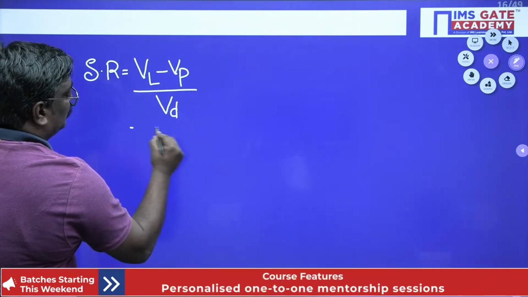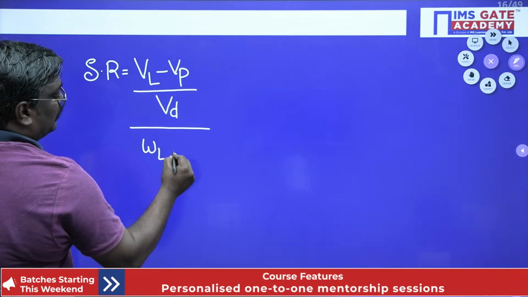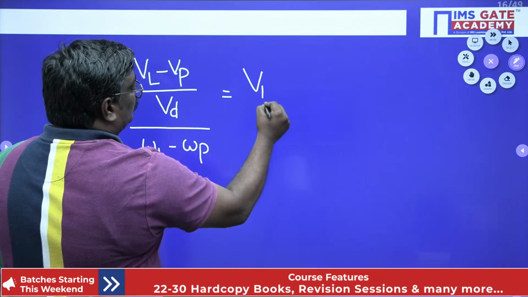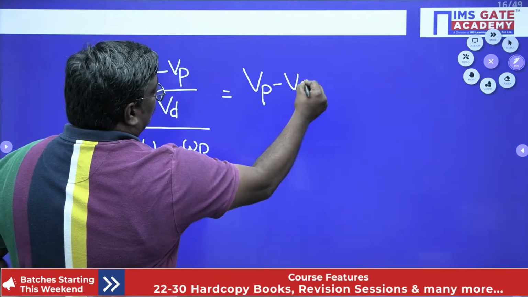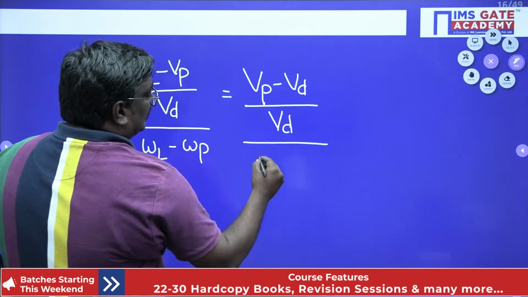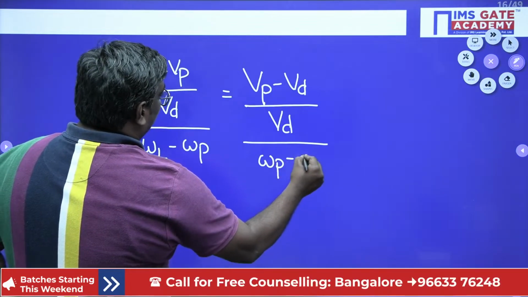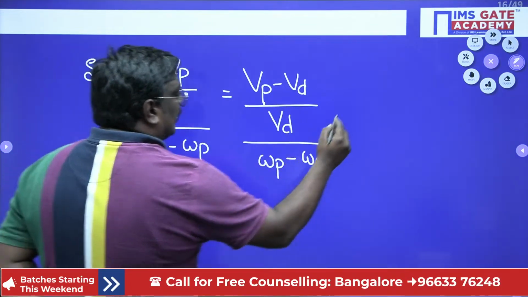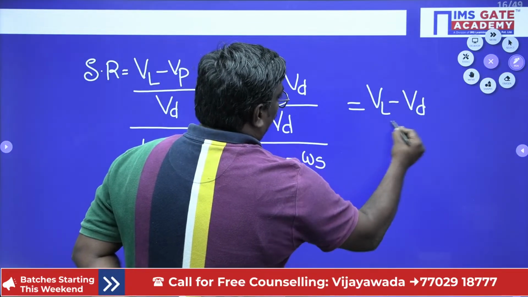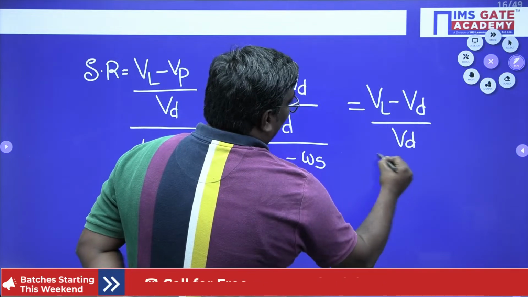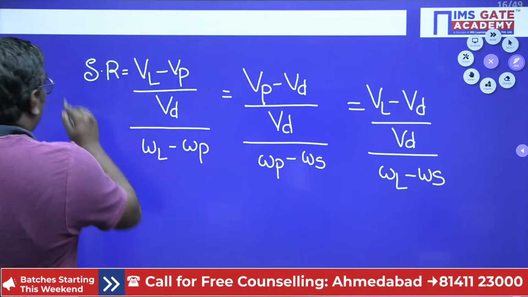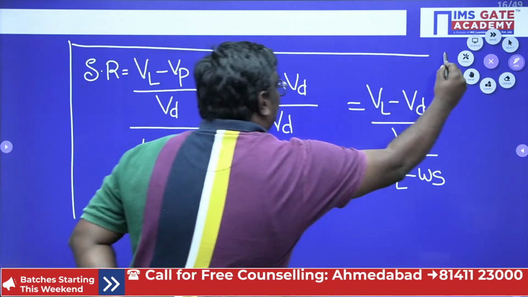So VL minus Vp upon WL minus Wp, or you can write it as Vp minus Vd upon Vd, upon the corresponding change in water content, Wp minus Ws, or VL minus Vd upon Vd upon WL minus Ws.